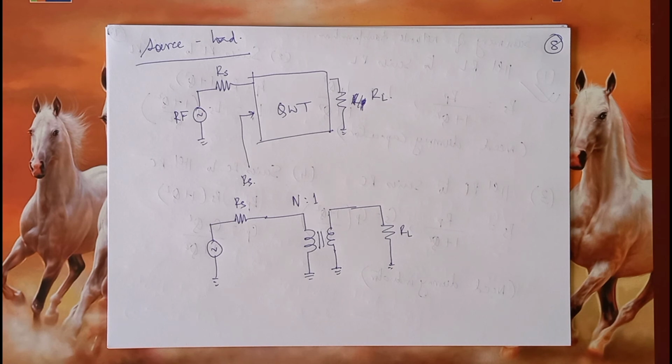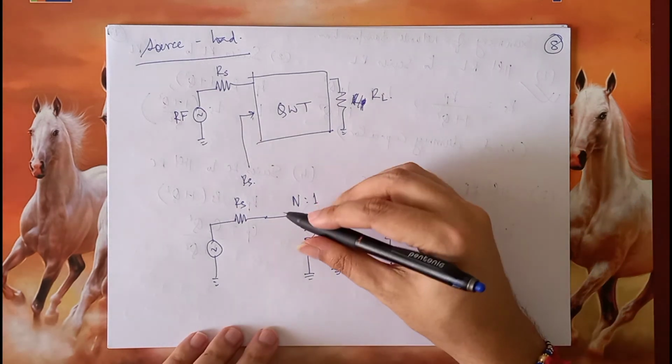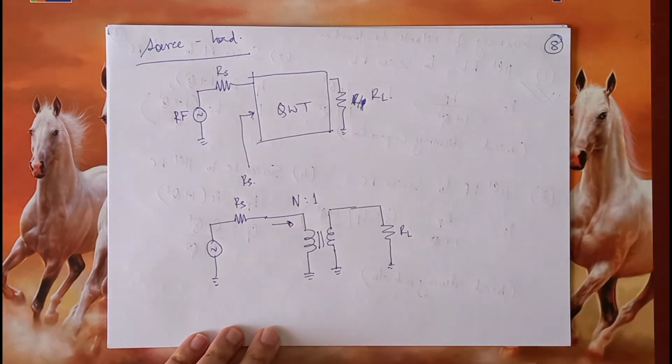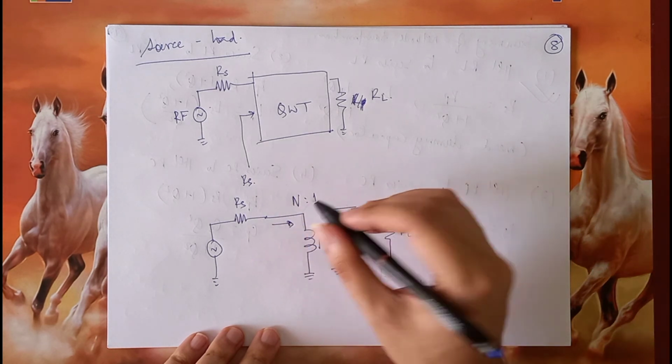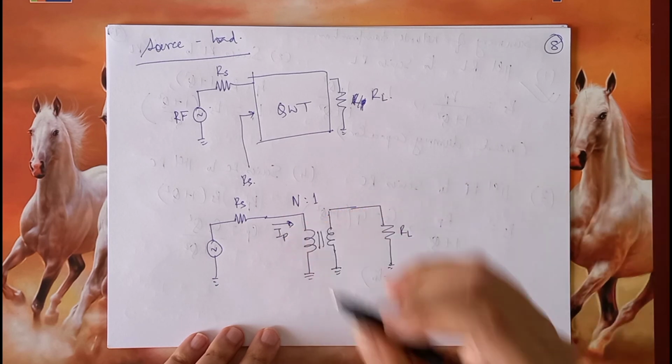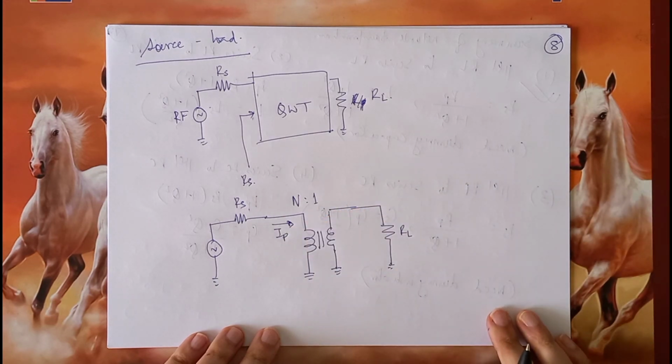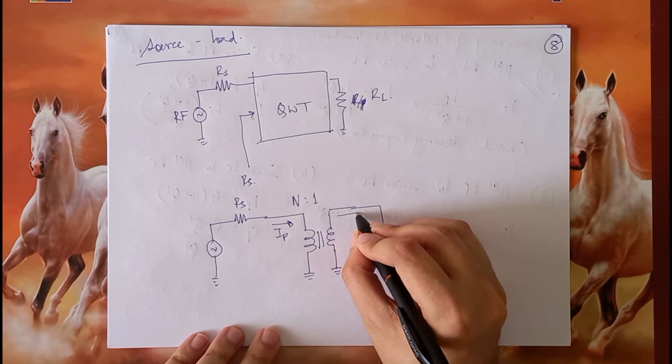Suppose there is some current which is being drawn by the primary winding. That is some IP, and there's some current in the secondary winding.